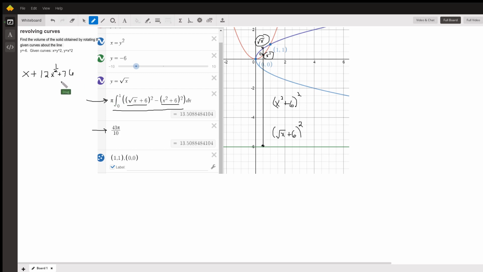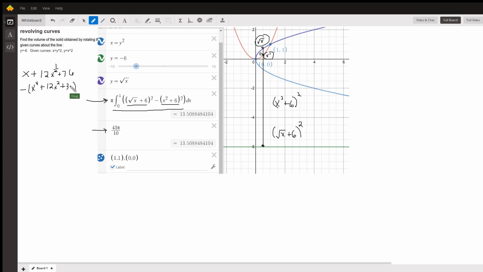And from that, we are going to subtract the inner radius squared, which will be x to the 4th plus 12x squared plus 36.